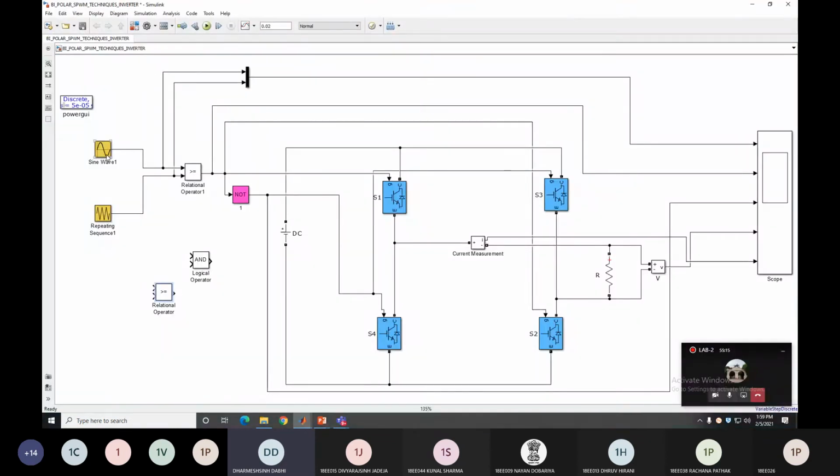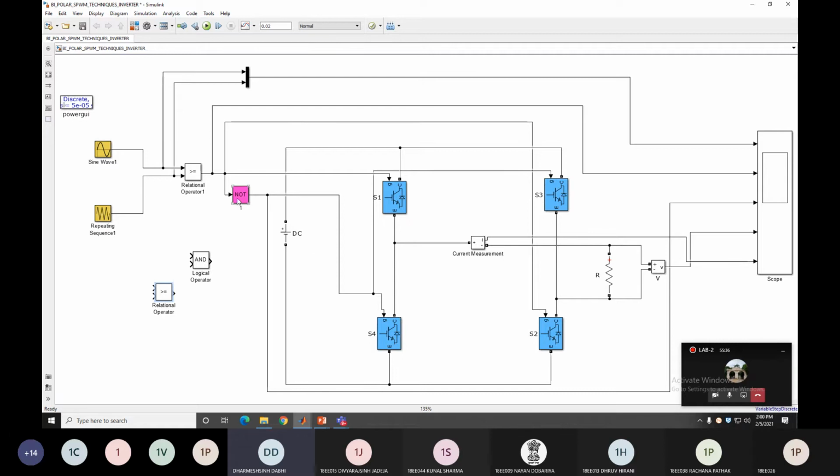But when your sine wave is less than your triangular wave, at that time the output of this relational operator is what? 0. So that output I apply to the NOT logical operator, which inverts it, and the complementary signal of this relational operator signal is applied to S3 and S4 simultaneously.